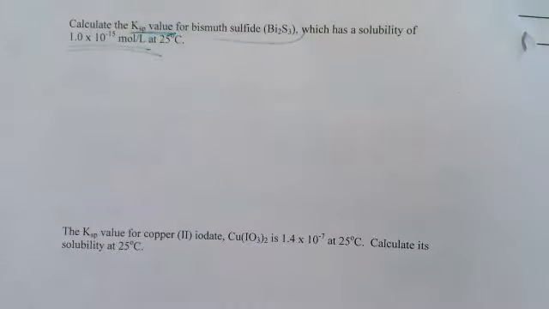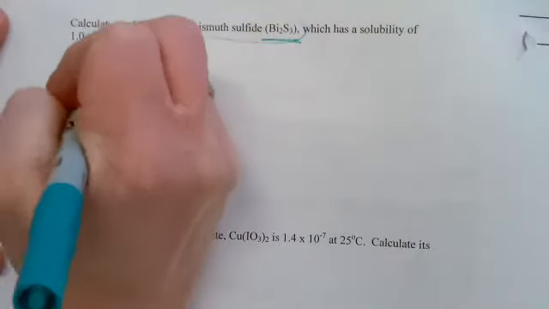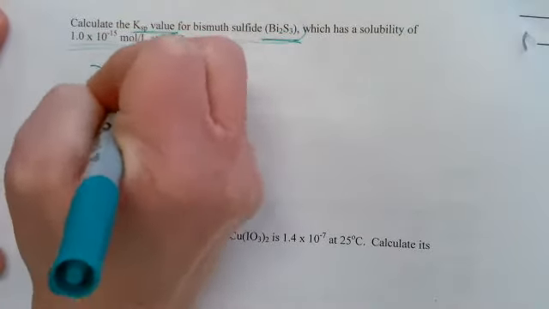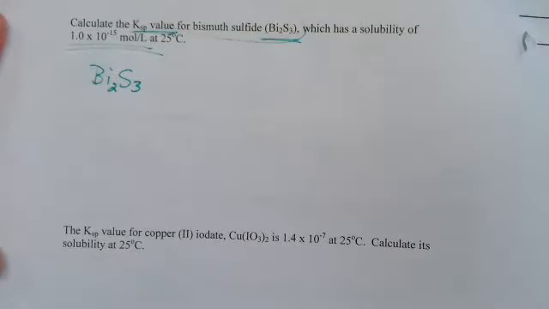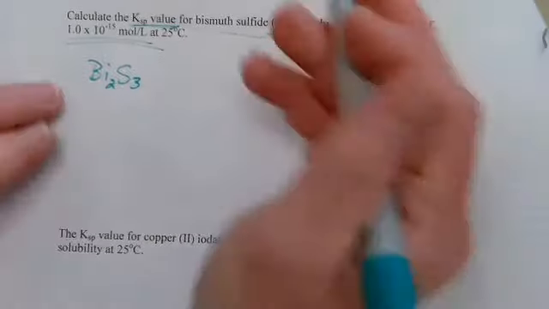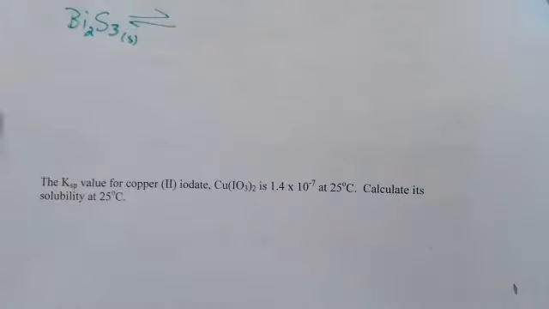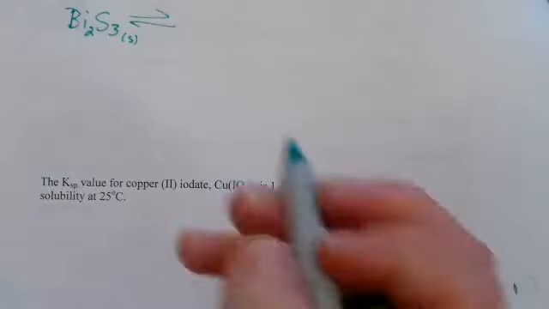And if we're asked for KSP, that means our insoluble solid, Bi2S3. Okay. And in equilibrium, phase symbol's not required, but nice to have, in equilibrium with its dissociated ions.